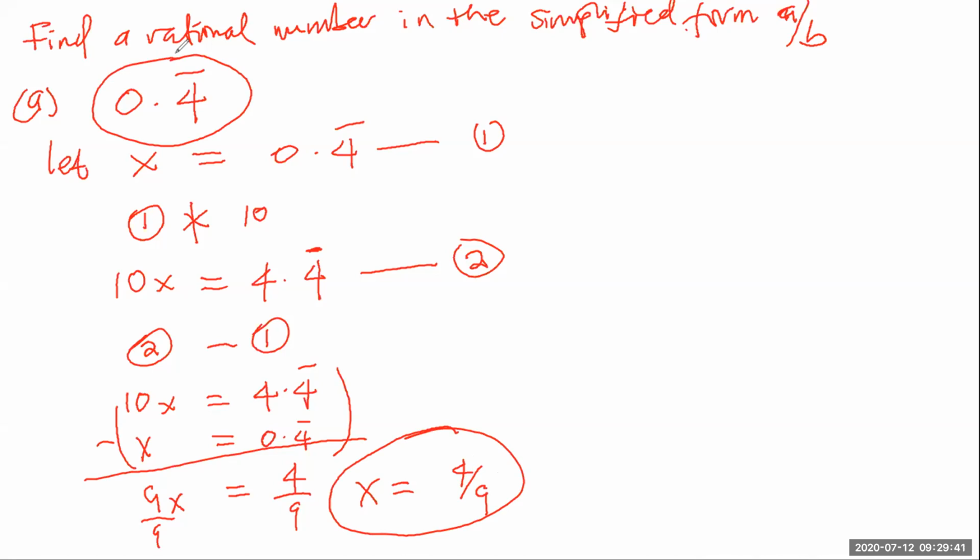Let's look at another example. We are going to do 4 different examples. Okay. Now the B part, we have the decimal 0.61 repeating. So here we have 2 numbers that are repeating, right? So we will let our x be equal to 0.61 repeating.